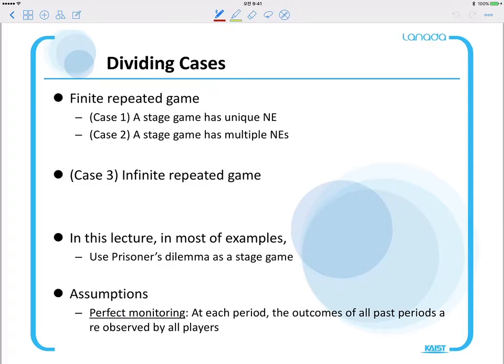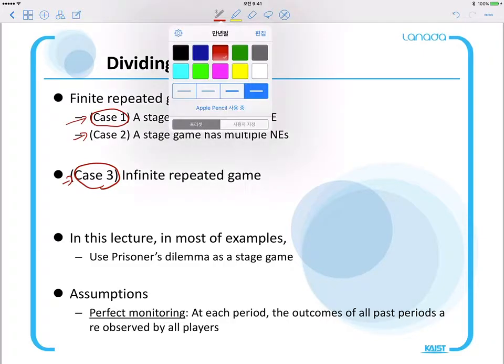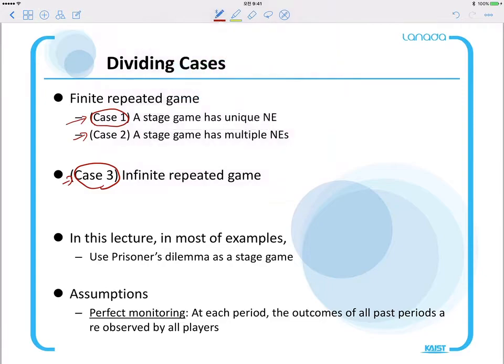Okay, so we're gonna look at how the repeated game is analyzed, and what's the main difference between the one-shot game and the repeated game. I've changed my mind a little bit from the previous lecture. I'm gonna talk about case 1 and then case 3, because they really capture the real essence of the repeated game.